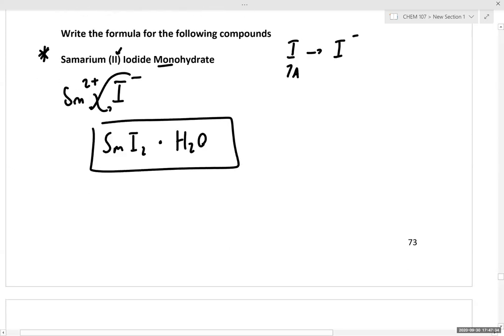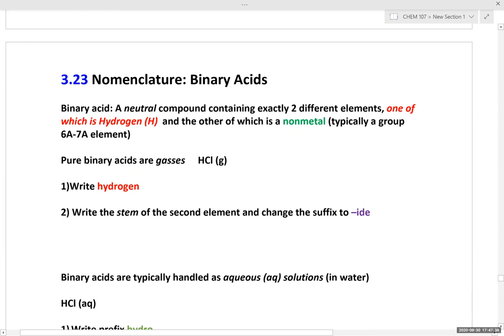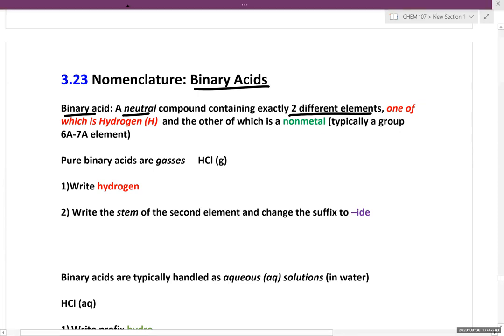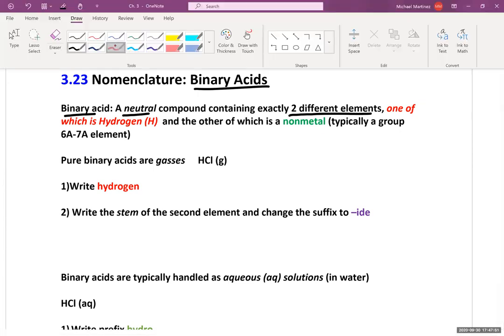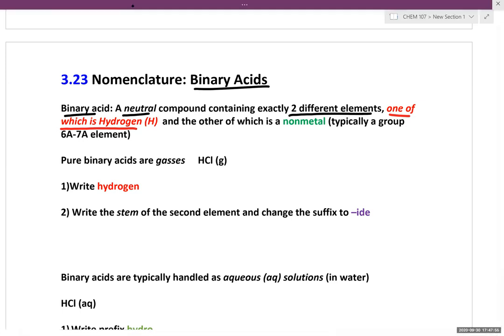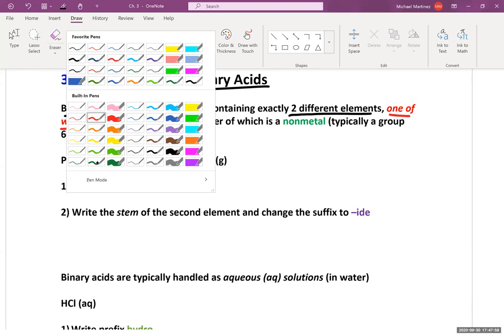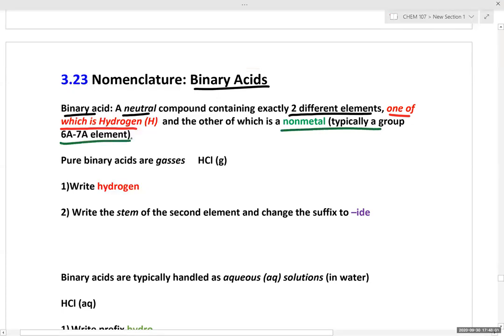Okay, let's keep going now and let's talk about our next subclass of compounds, which are binary acids. So a binary acid is a neutral compound containing exactly two different elements, one of which is hydrogen and the other of which is a non-metal, typically a group 6A or 7A element.